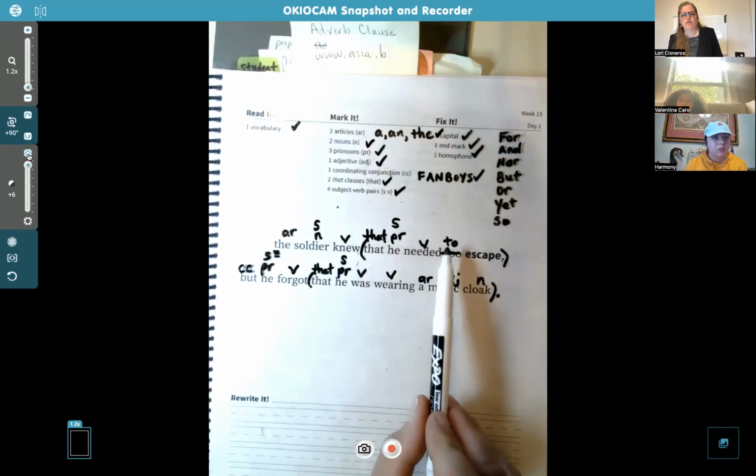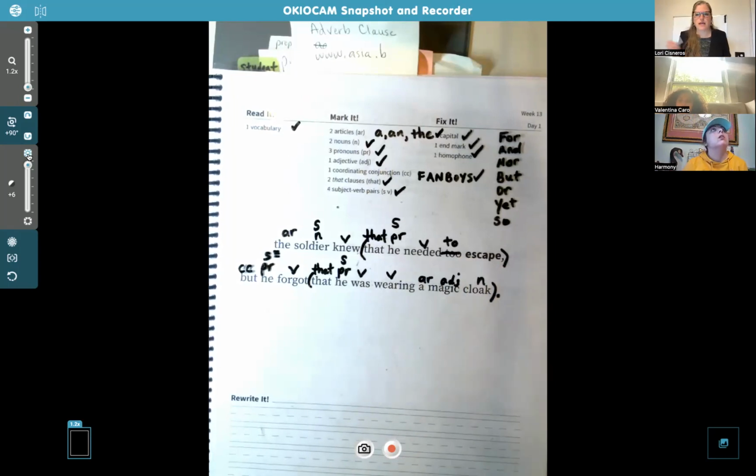Since there's this infinitive right here, to escape, this makes it not a verb. So I just wanted to explain that a little bit in case you were wondering if that was actually a verb right there. So it's called an infinitive, and we'll be learning more about that in our grammar class later.